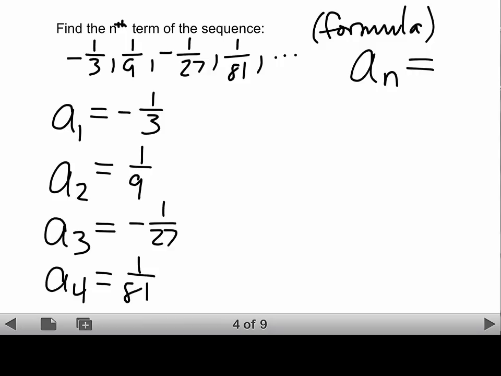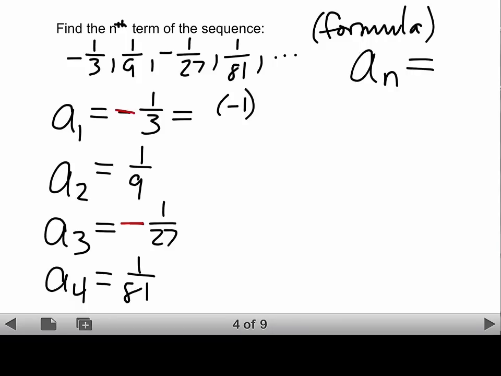Now I've kind of separated them out, and I see that we have this plus minus thing, right? This alternating sign thing going on. And we saw in the previous example how to deal with that. That means we're going to have a negative 1 to some power.